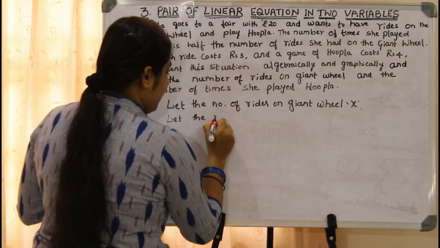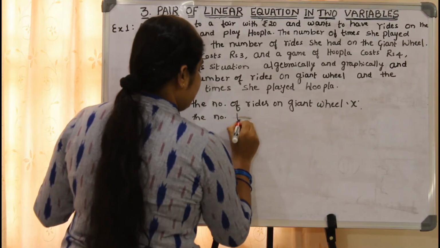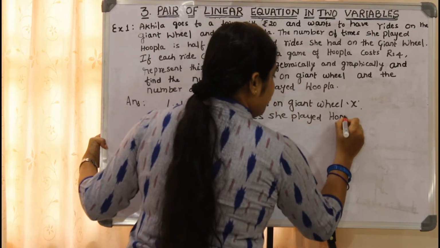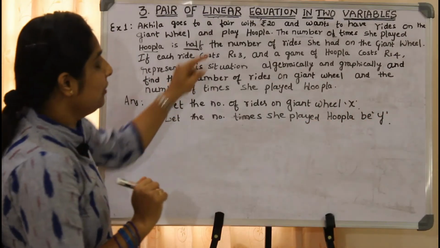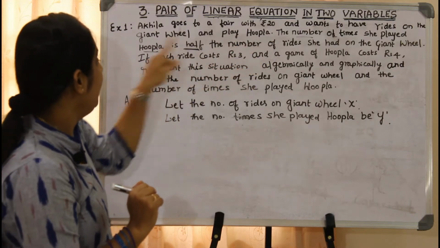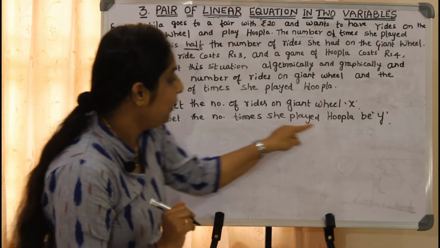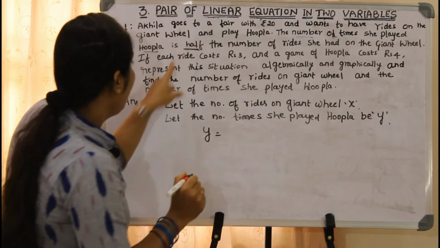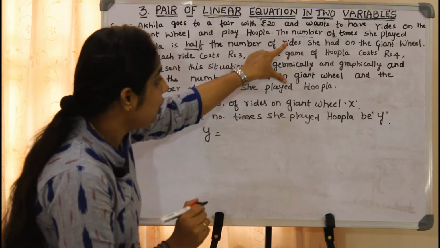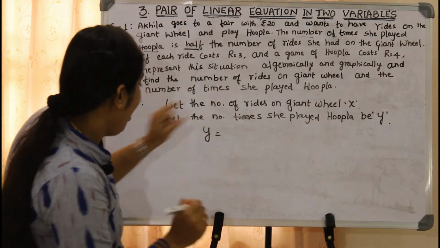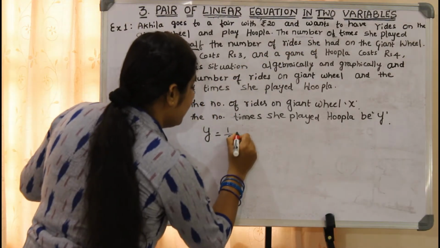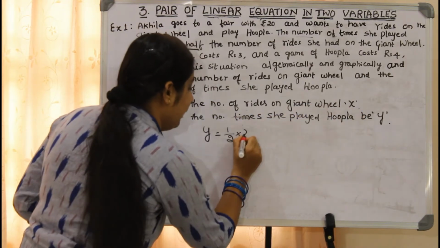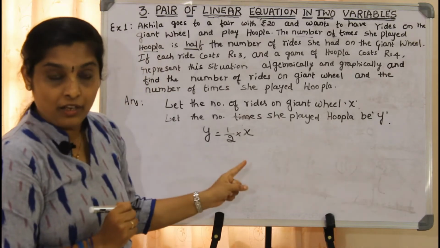Let the number of times she played hoopla be y. So the number of times she played hoopla, y, is equal to half the number of rides she had on the giant wheel. The number of rides on the giant wheel is represented by x. So this is our first equation.